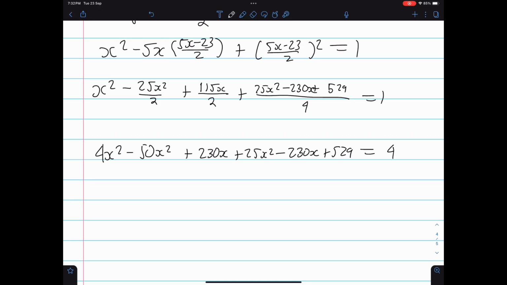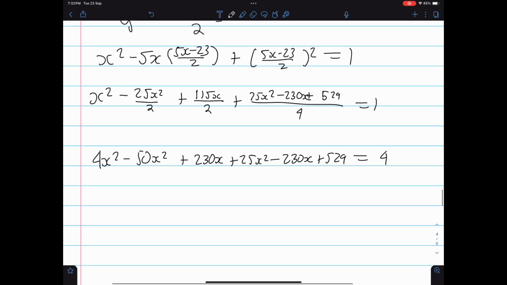Right, so at this moment we have, this will give us minus 46 squared, but then we're adding back 25. Minus 21x squared.